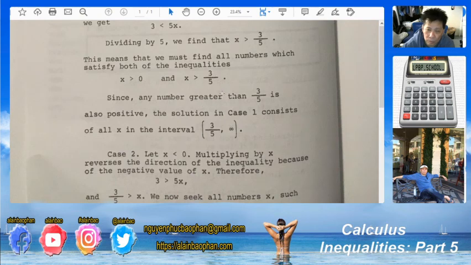When you put 1 over 3 to one side, the other side is 0, less than 0, and then you put it in the table. In the table, you find the sign of one factor and the sign of the other factor, and then take the sign of the division.